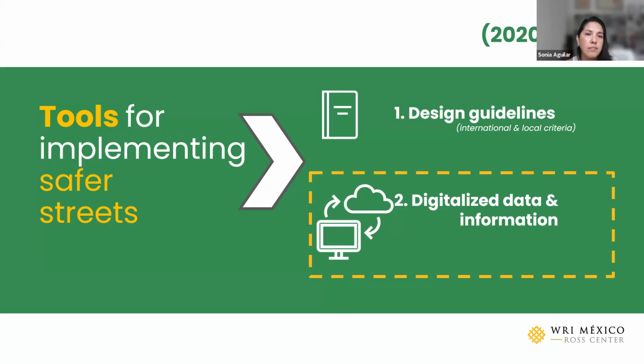So we had two options: to develop a design guide or to develop with them some digital tools around information. What they selected was to have support in structuring a tool that could allow them to do this in an easier, more automated way. Next, please.